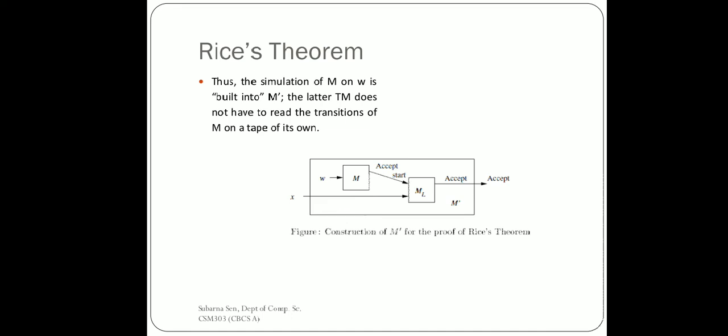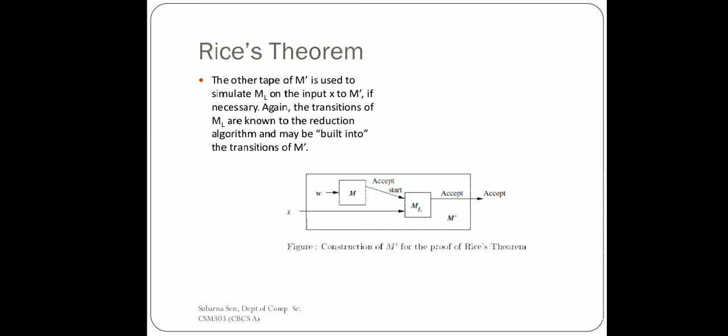Now the other tape will do what? The other tape of M dashed is used to simulate ML, which is the second machine, on the input X to M dashed. If necessary, we will use the second tape. Again, the transitions of ML are known to the reduction algorithm, and can be built into the transitions of M dashed. It will follow that M comma W pattern, and can mimic all the transitions of ML and write them on its second tape.